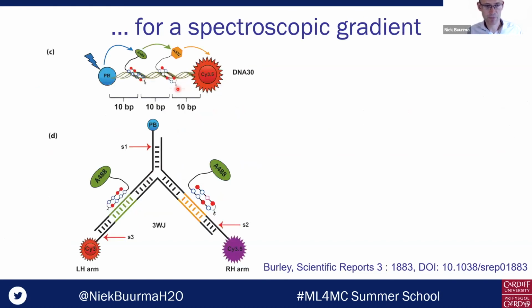And if you do that, you can take a sequence of DNA and you add, so this is no longer covalently attached, this is non-covalently attached, the polyamide that recognizes the green bit of DNA and puts the chromophore exactly where it needs to be. So you now use your DNA structure as a scaffold to put chromophores in exactly the place where you want it. And again, this was used to transfer energy along a sequence of different chromophores, a so-called spectroscopic gradient.